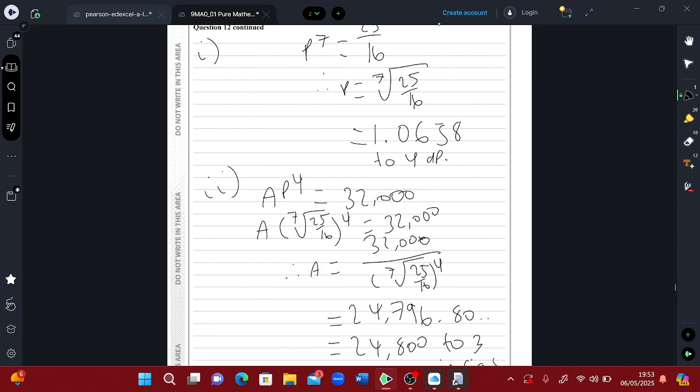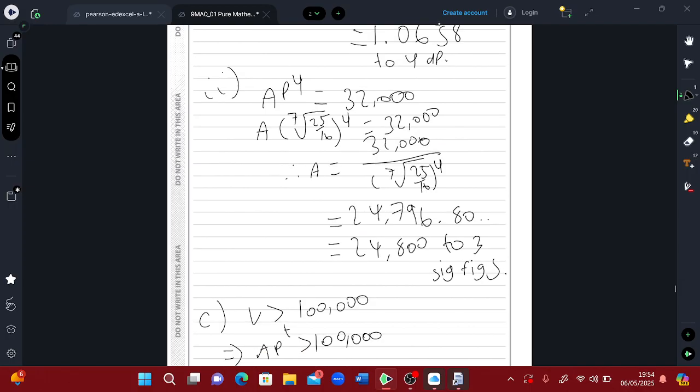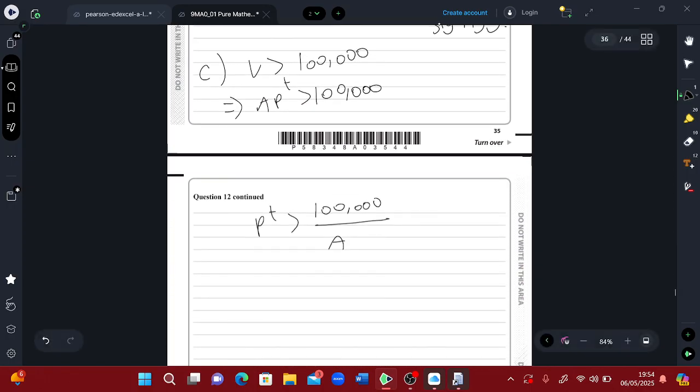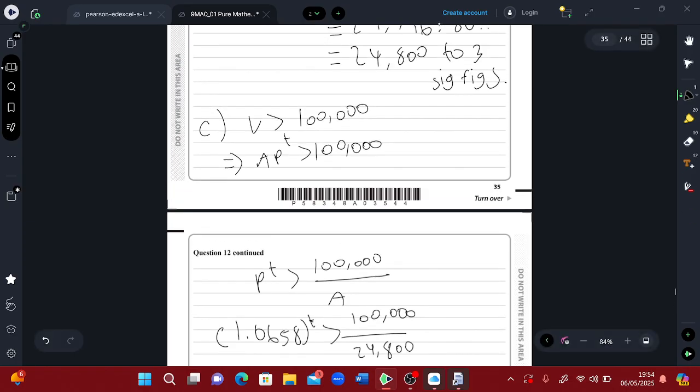So P is 1.0658 and A is 24,800. So 1.0658 to the t is greater than 100,000 over 24,800. Was that the numbers we're working with here?